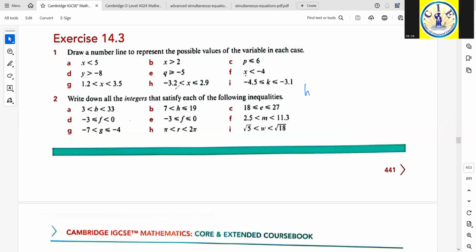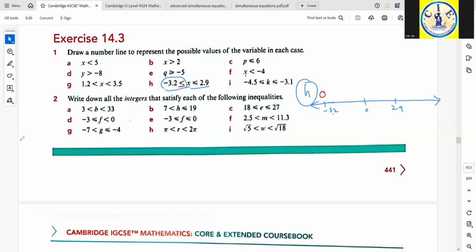Okay. Then part H. Now you see here is an open inequality and here is a closed one. So this is 0. If here is negative 3.2 and this is 2.9 for example, so we need to leave negative 3.2 because this is not included.